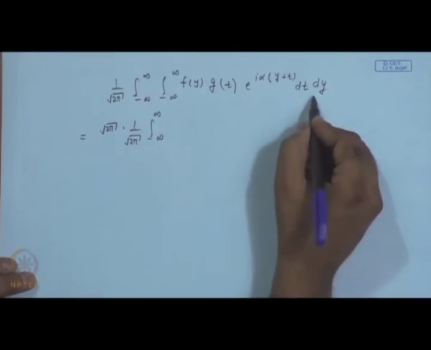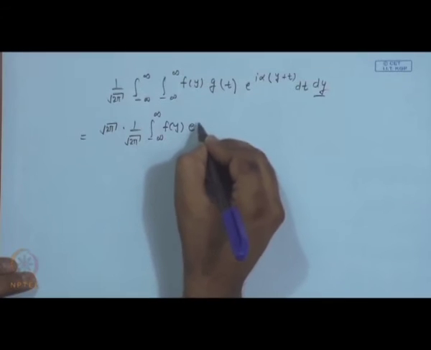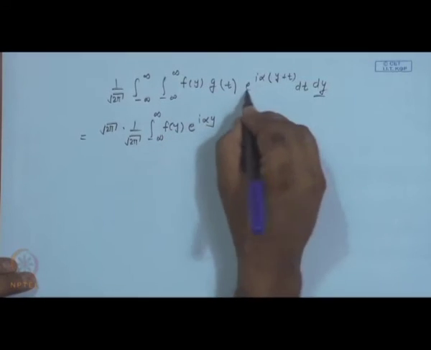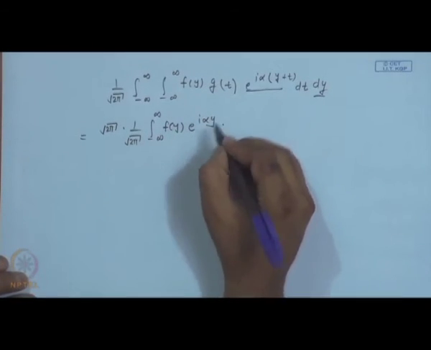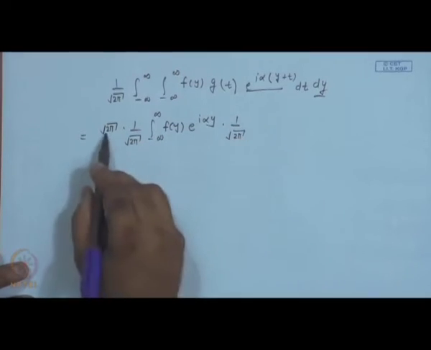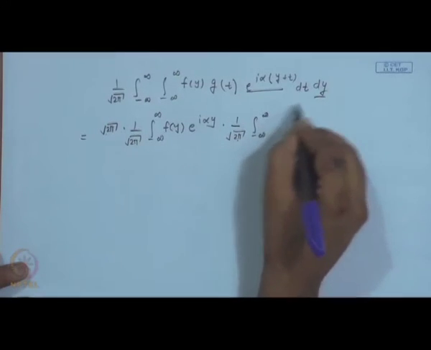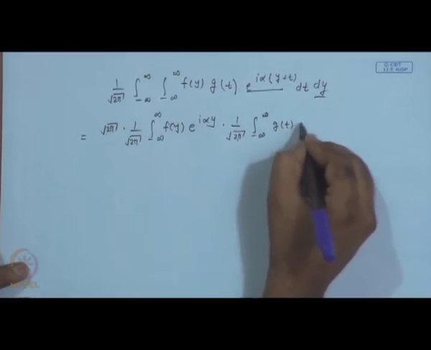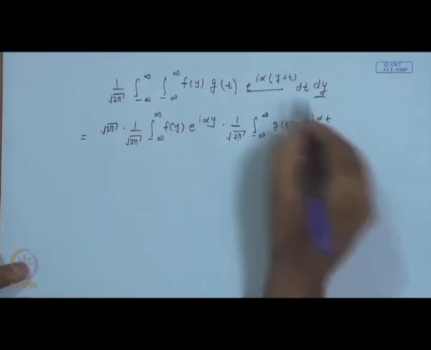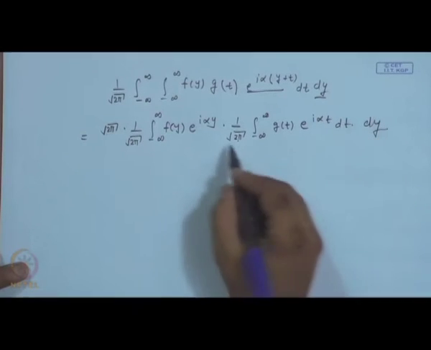So, first we collect the terms for y, which is independent of the inner integral: f(y) and e^(i alpha y) from here, and then we put that 1 over square root 2 pi here. We have the inner integral with respect to t: g(t) and e^(i alpha t) from here, and we have dt, and then we have dy.